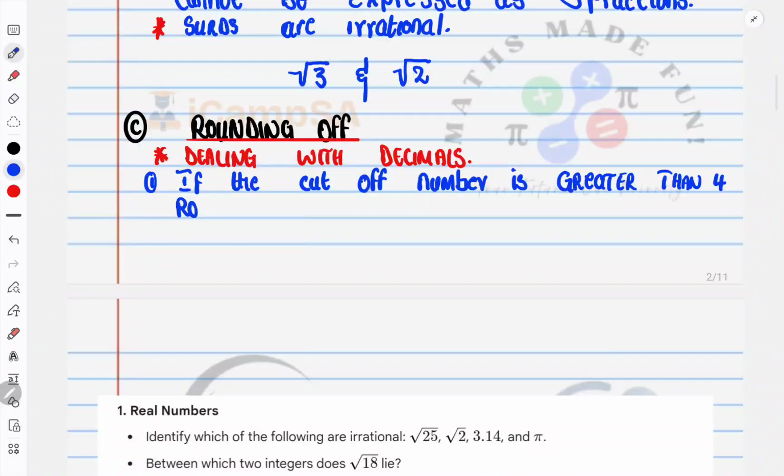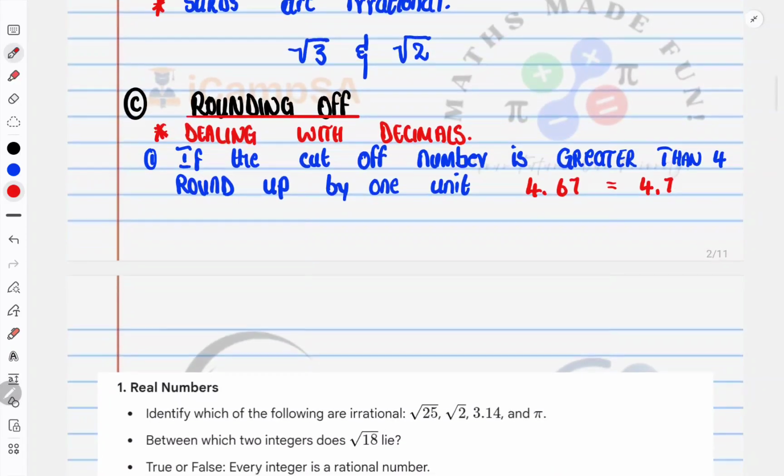We round up by 1 unit. So if we are given a number as 4.67 and we're asked to round off to 1 decimal place, this will be equal to 4.7 rounded off to 1 decimal place.